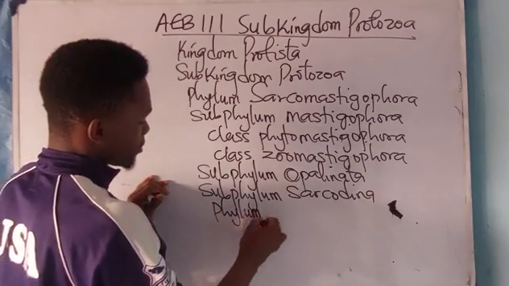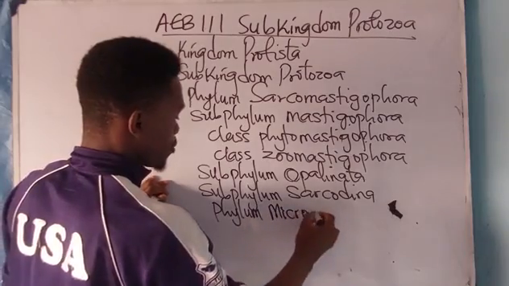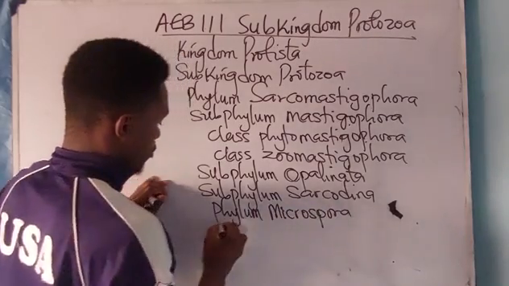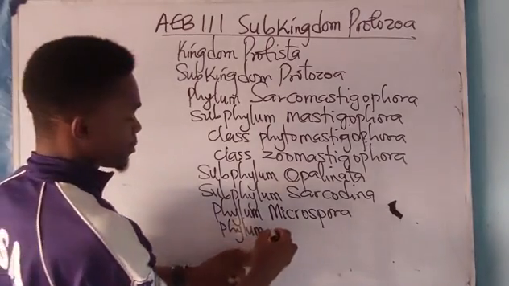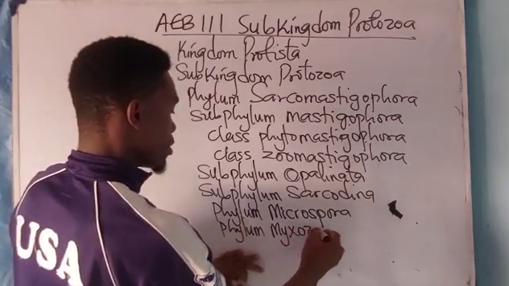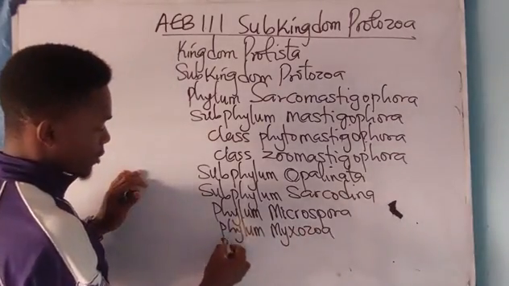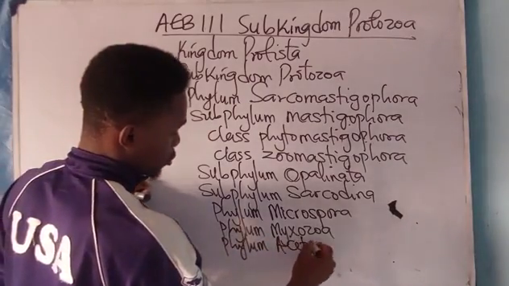You now have Phylum Microspora. You have Phylum, I put this space to accommodate everything. You have Phylum Myxozoa. You have Phylum Acetospora.